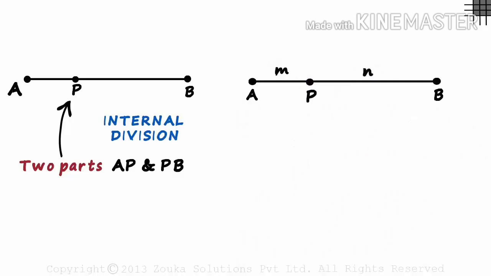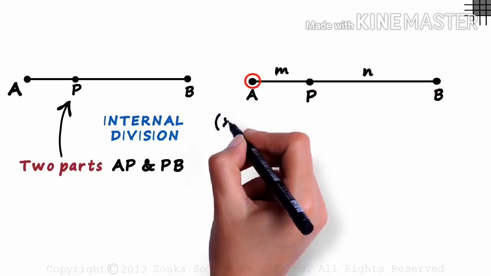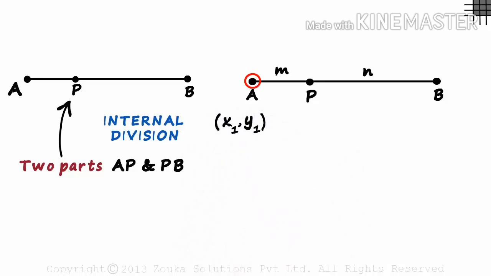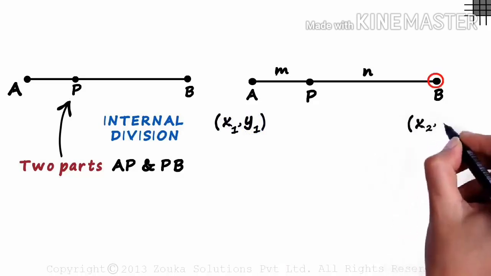If this segment is drawn on a graph paper, all points will have some coordinates. Let's assume that point A has coordinates x1, y1. x1 is the x coordinate and y1 is the y coordinate. And assume point B has coordinates x2, y2.